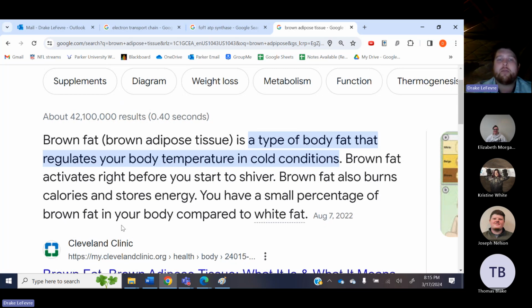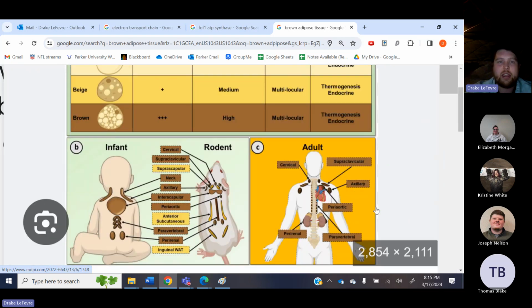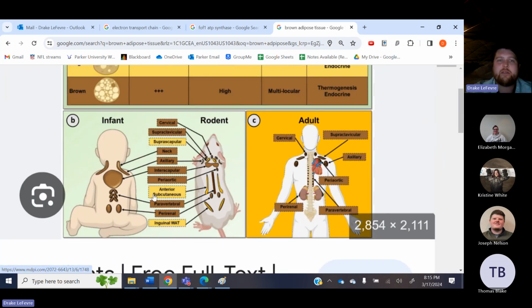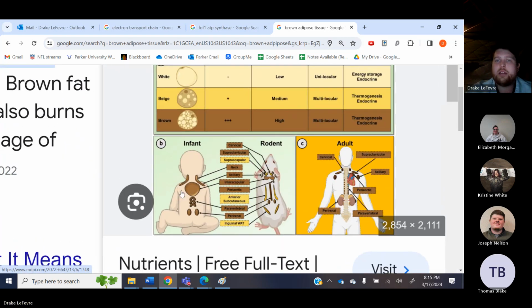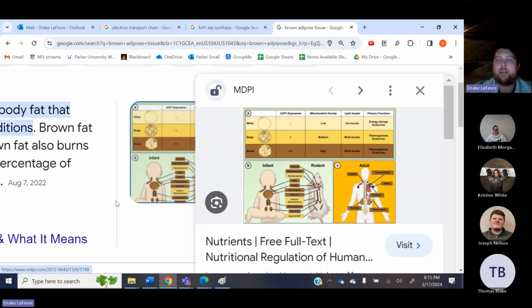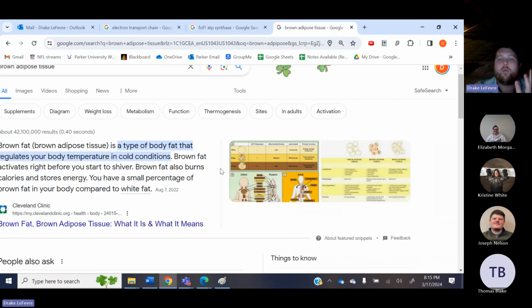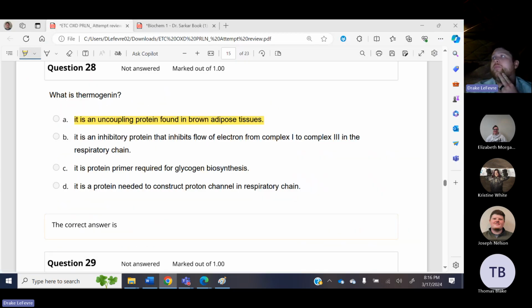You have a small percentage of brown fat compared to white fat. Infants tend to have a lot more brown fat than white fat. That's why infants very quickly regulate temperature control, because if an infant gets cold, it's much more detrimental to their health than if a full-grown person gets cold.